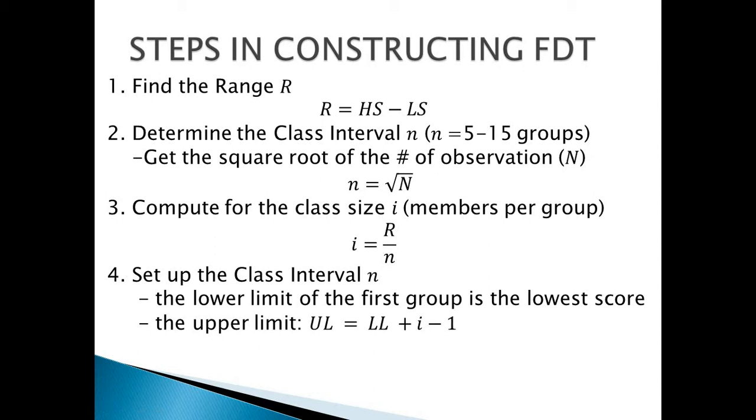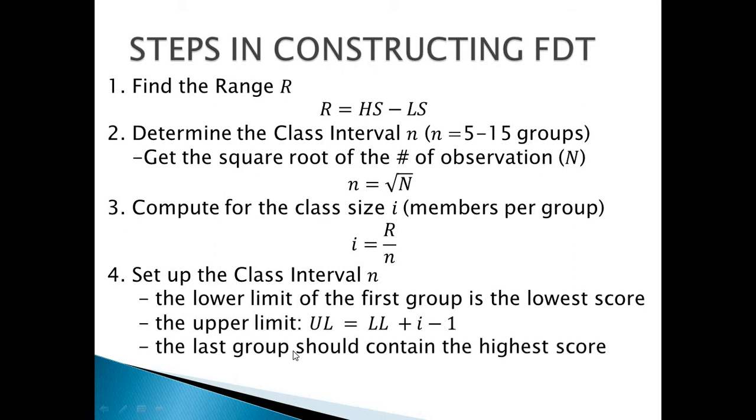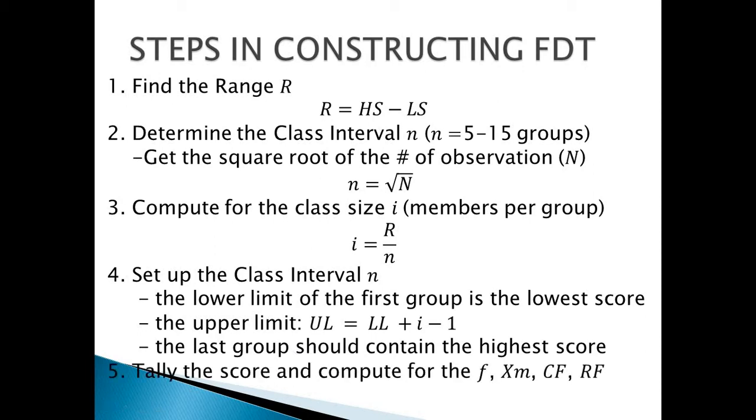Sometimes this doesn't work if we are dealing with decimal numbers, but if it's a whole number, then normally we subtract 1. The last group should contain the highest score. Then lastly, complete your frequency distribution table with the required details. So normally we have the frequency, the class mark, the cumulative frequency, and relative frequency.